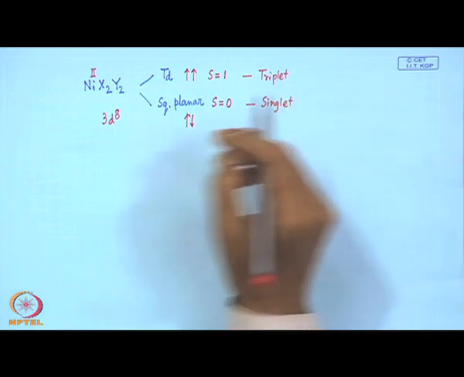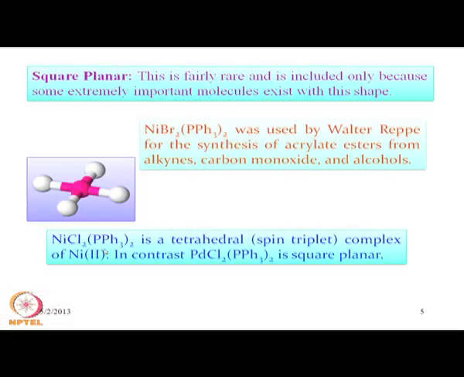So, in terms of this singlet and triplet definition, wherever we get a compound of 3d8 electronic configuration which is tetrahedral, that means we have 2 unpaired electrons, it gives rise to the spin triplet structure of nickel 2. But when we get the corresponding palladium 2 compound having the same number of chloride ligands and the phosphine ligand, we get a square planar geometry, that means the geometry is spin singlet.